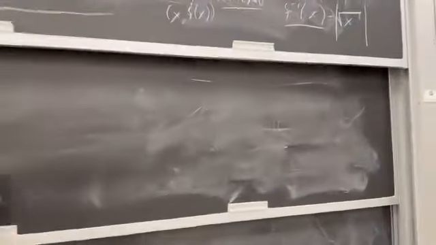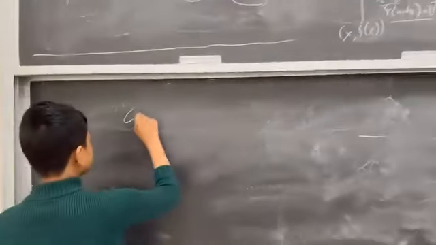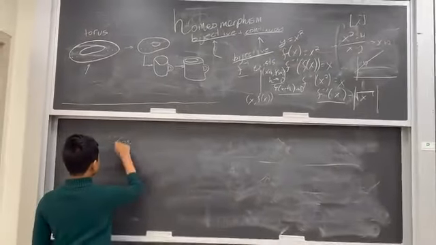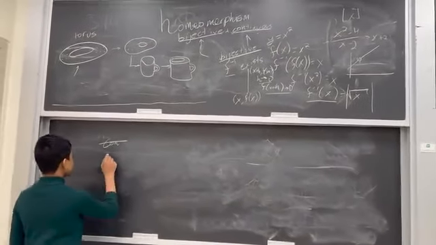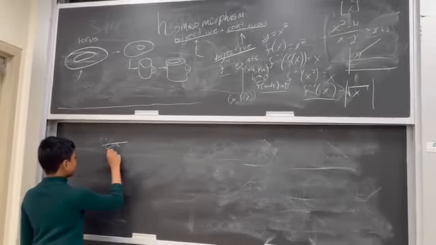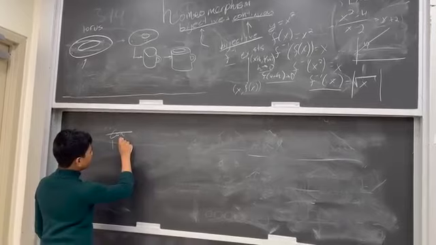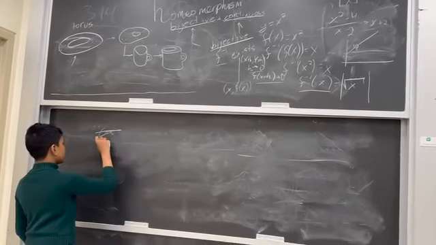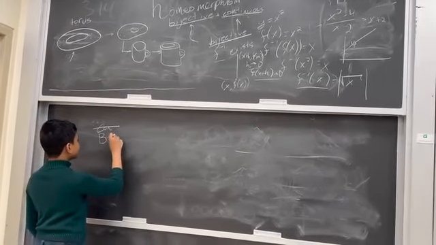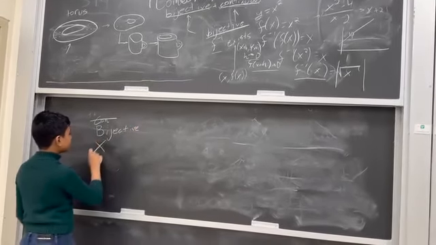So, let's talk about something that is continuous. Well, no, it's not continuous. So, the thing about it is that it is, how do I describe this? It is bijective, but it is not continuous.